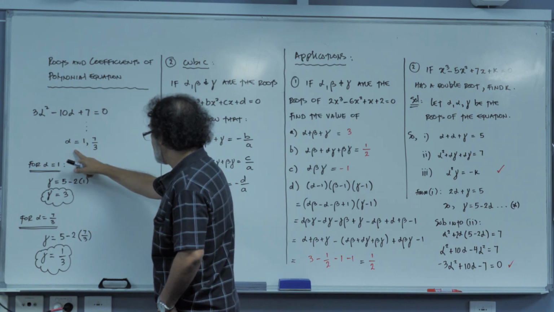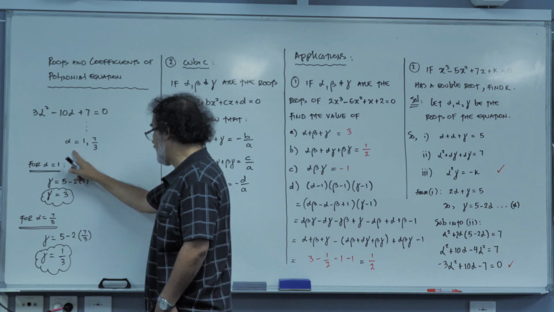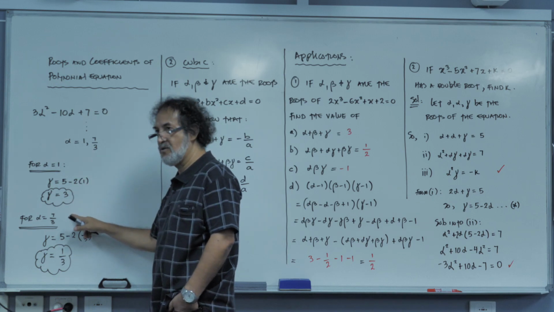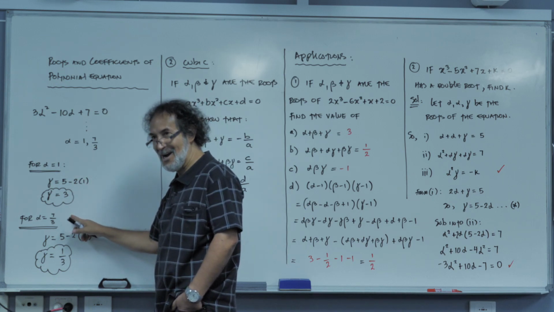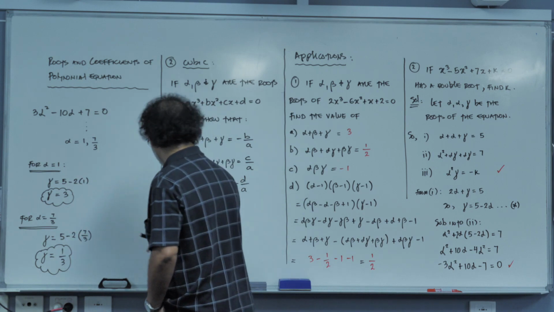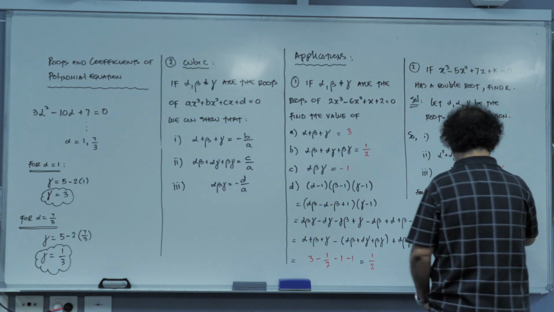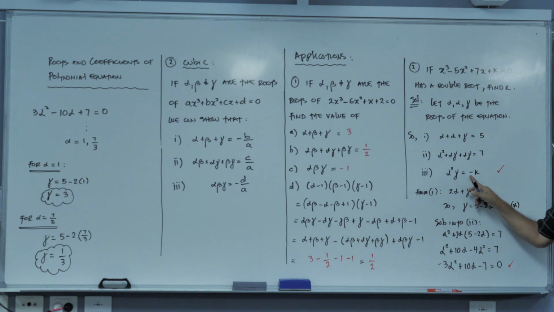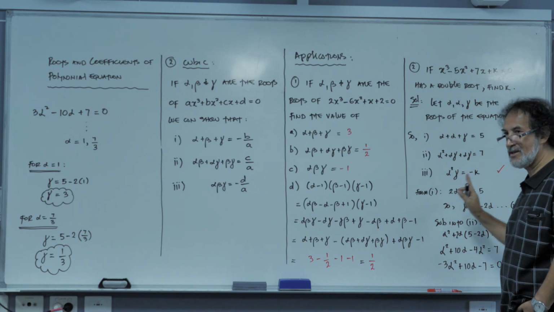So that is telling you that we're going to have 2 answers for alpha and 2 answers for gamma. Therefore we're also going to have 2 answers for k, because that's what we need to find. We need to find k. Poor k, waiting there.